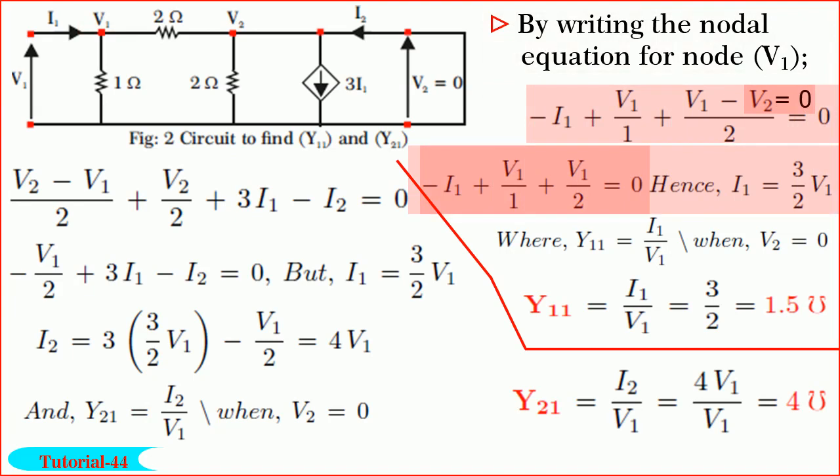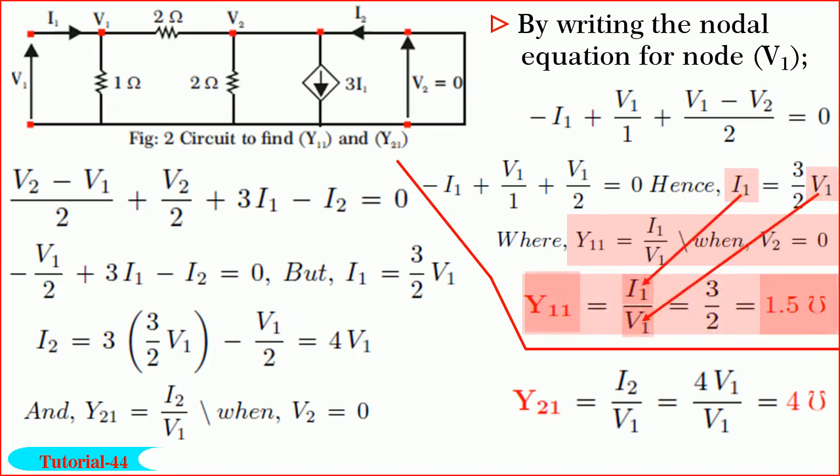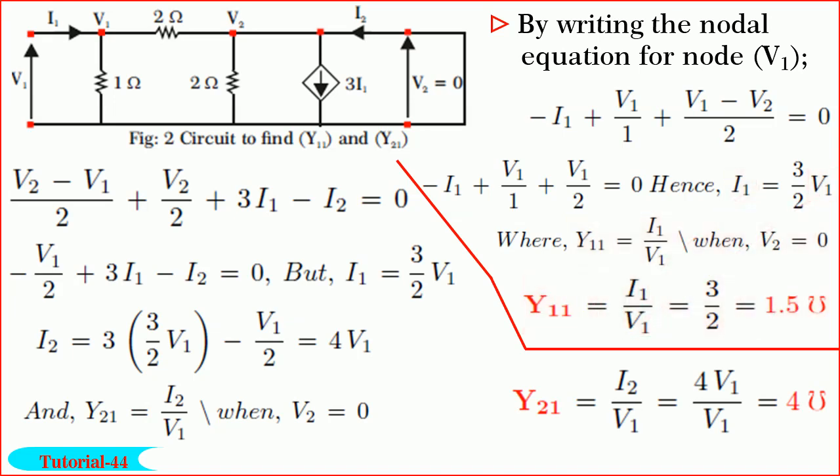By substituting V2 equal to 0 and solving it, we get I1 = (3/2)V1. But we know Y11 is equal to I1 divided by V1, and hence Y11 we get is equal to 1.5 mho.